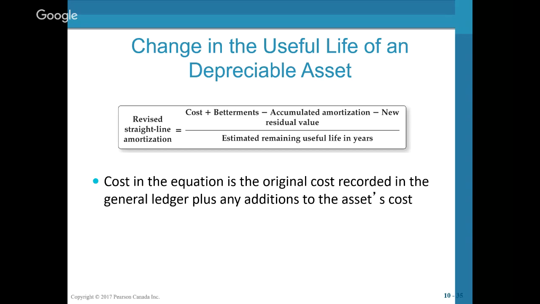Basically, you take whatever you paid for the asset and anything you've added to its cost by making any betterments to it. You subtract any accumulated depreciation you've already recorded. So this gives you the book value at that time. From there, you subtract your new residual value to get a new depreciable amount. And then you divide that by the useful life in years.